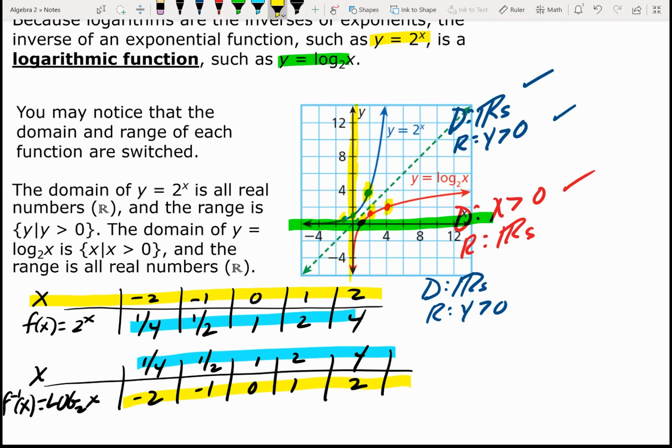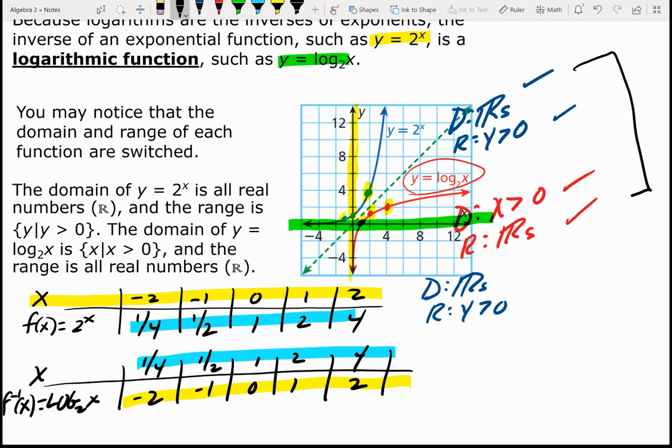In other words, that function y is equal to log base 2 of x will never cross the y-axis. It will hug the y-axis. And then the range is all real numbers. Again, we just switched the domain and range.